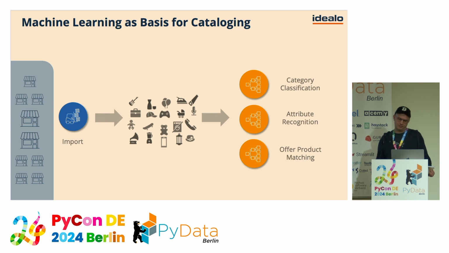There's also offer product matching. This means matching a product within our catalog to a shop offer. And there are also a few more subtasks of cataloging. What's cool is that all these subtasks can be solved by machine learning, our domain.